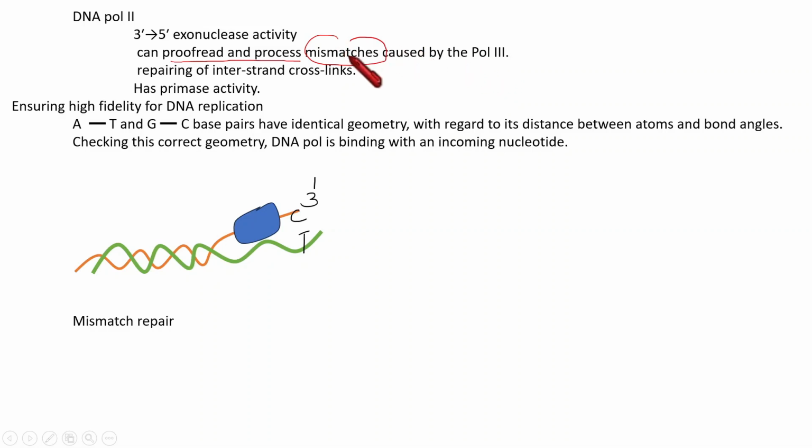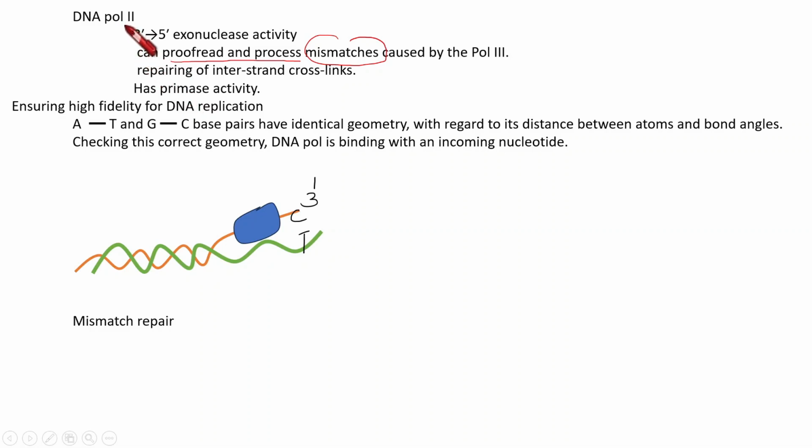So those mismatches can be corrected by DNA polymerase 2, and also this enzyme can repair and correct interstrand cross links. Unwanted interstrand cross links can also be removed by this enzyme.